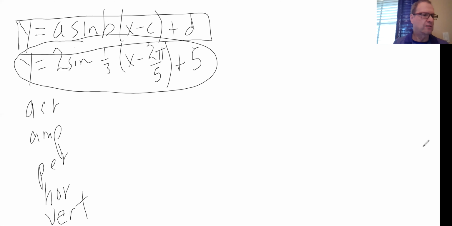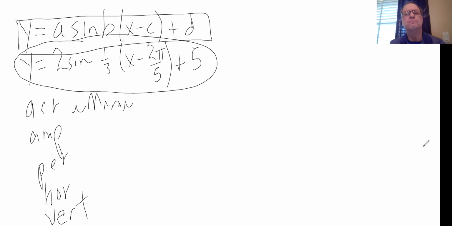Okay, so the acronym for sine happens to be E-MIM-ME. Created by me and illustrated by me yesterday with the parent graph.